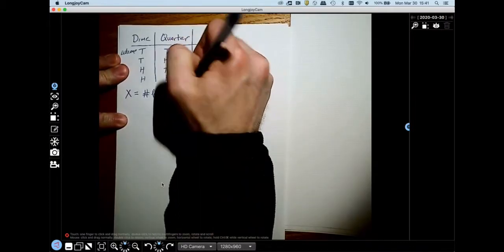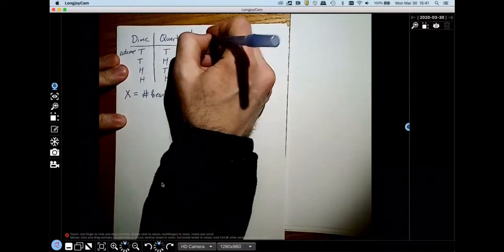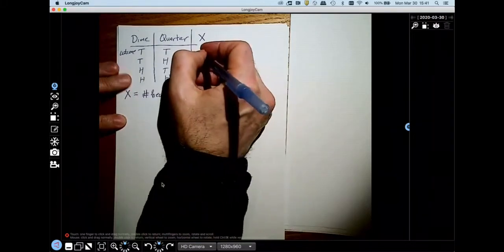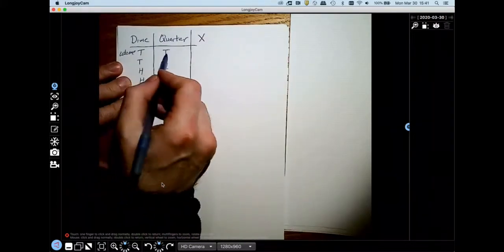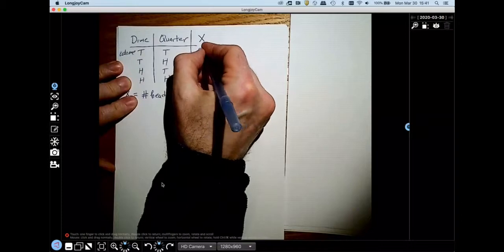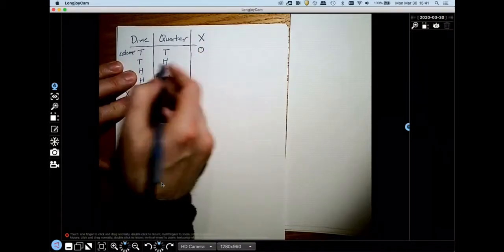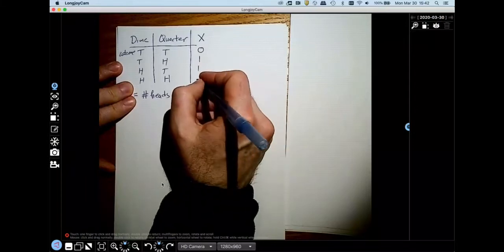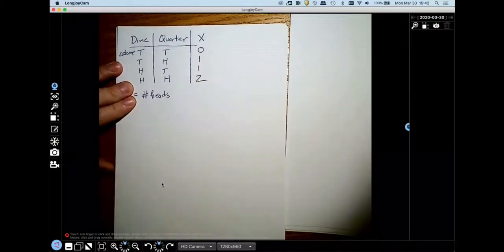All right, so I am now going to tally up my x values, and so this is my function. So this outcome maps to the x value 0, this outcome maps to a 1, this outcome maps to a 1, this outcome maps to a 2.